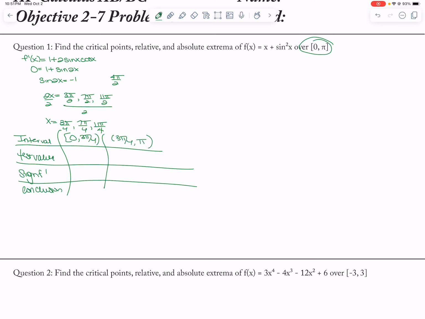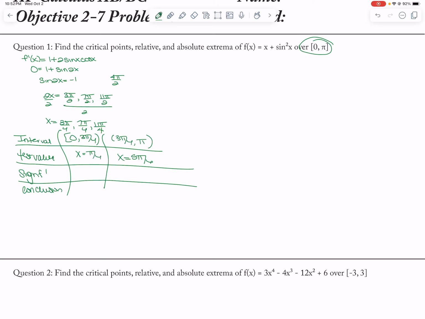Okay, so now I'm going to pick something that's between 0 and 3 pi over 4, like pi over 2, and 5 pi over 6. Because I have no choice but to choose pi over 6, I'm going to choose pi over 6. Make it easy on myself.